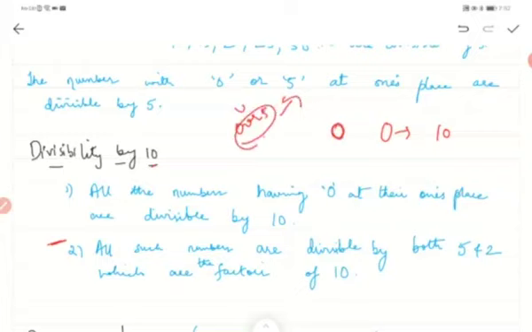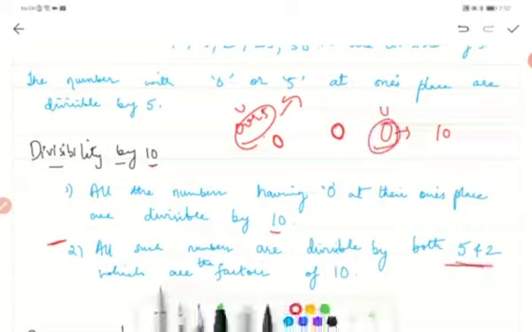If 0 is at units place, then you'll say it is divisible by 2. So the numbers which are divisible by 10 are divisible by both 5 and 2. For 10, if the units place is 0, then you say it is divisible by 10. So it's nothing but that particular number is divisible by both the 5 and 2 tables, isn't it?